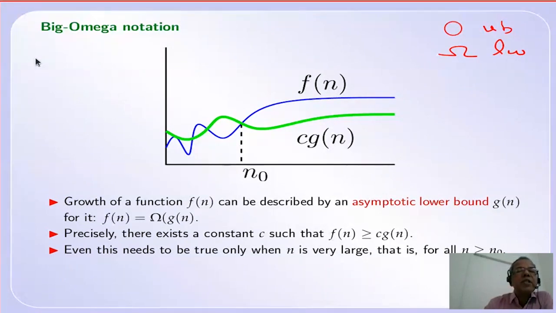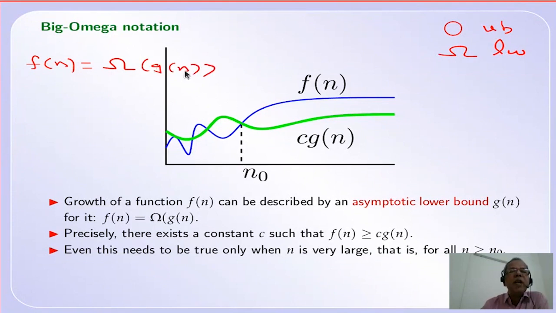That is what we mean by saying f of n is big omega of g of n. When we write like this, we mean g of n is a lower bound for f of n. f of n is always above g of n. But when I say this, I mean f of n is always above a constant times g of n.